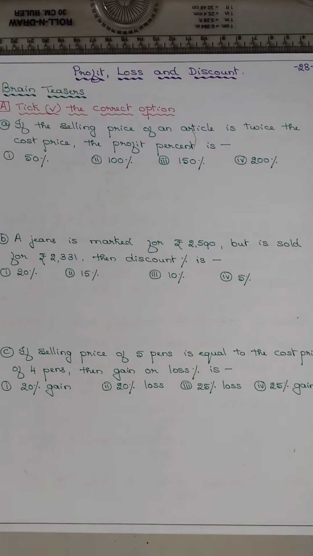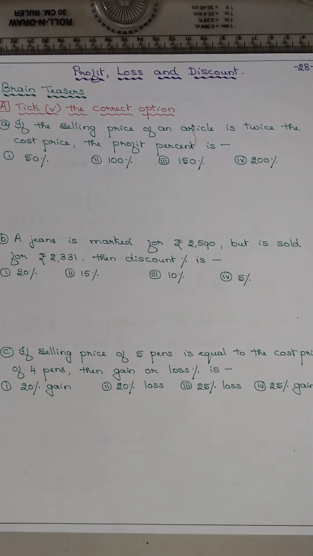Subdivision A: if the selling price of an article is twice the cost price, what will the profit percent be?